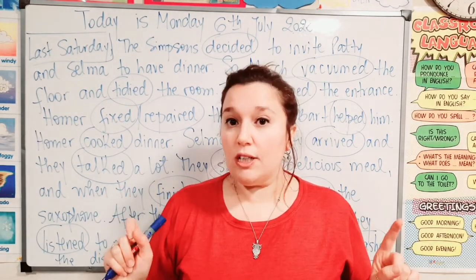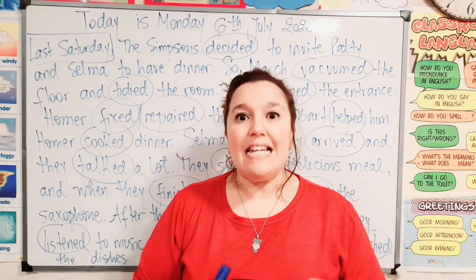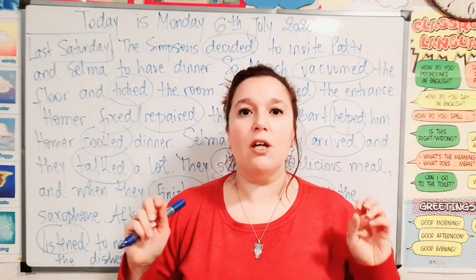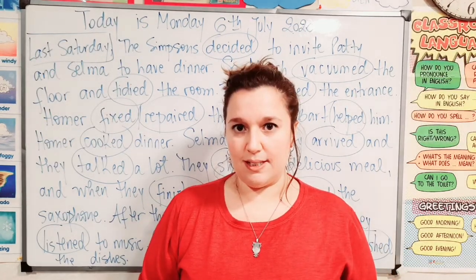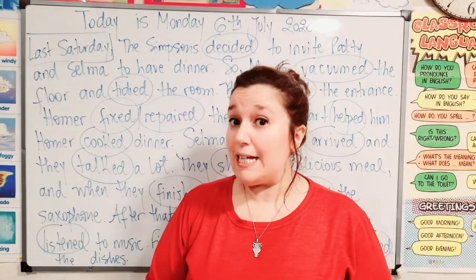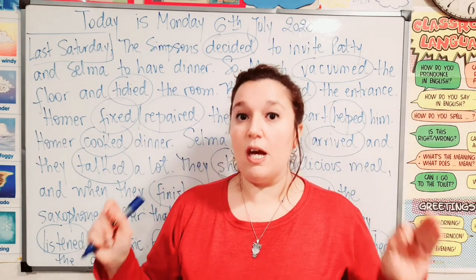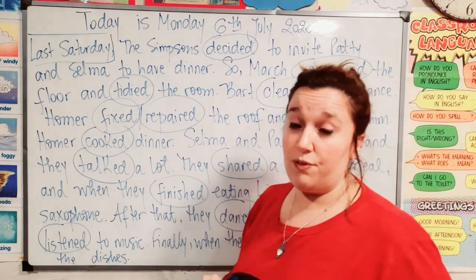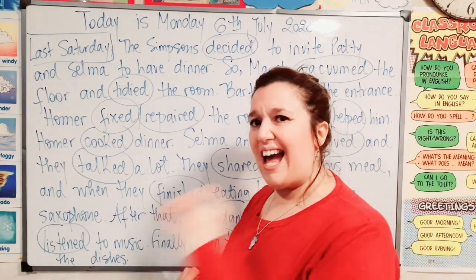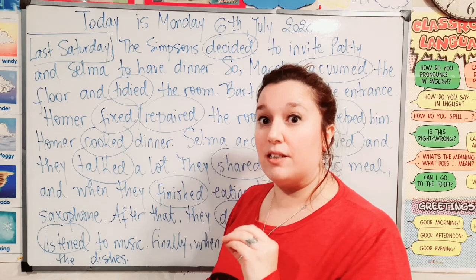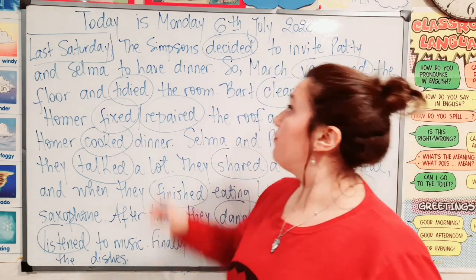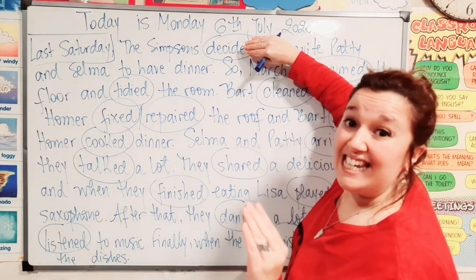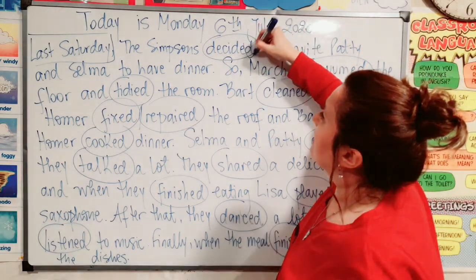We don't have negative forms or questions. In the past, with regular verbs, what we do is add two letters to the verb. For example, decide finishes in E, so we only add D.